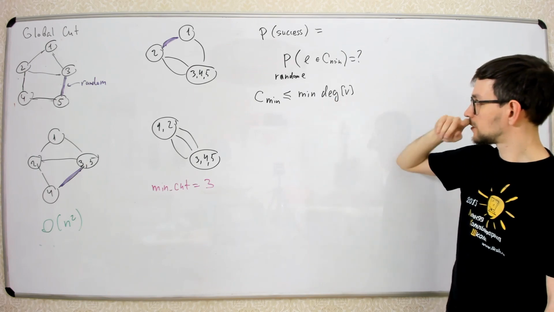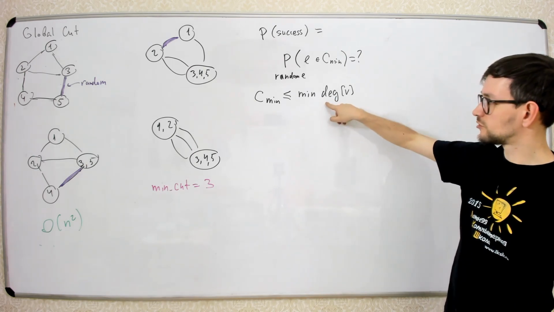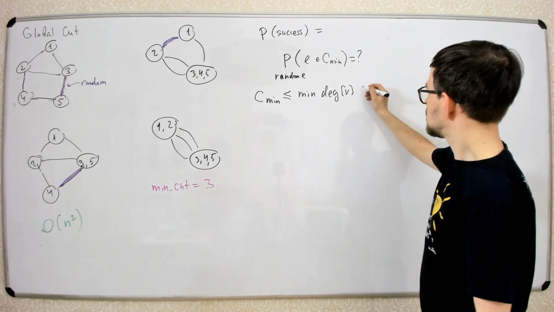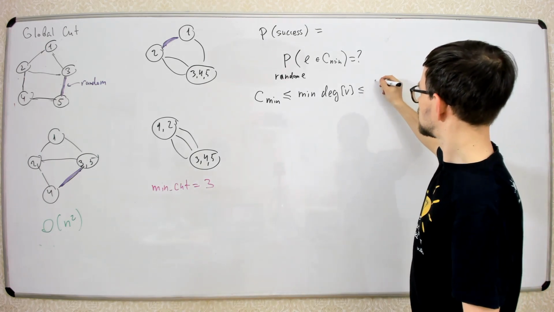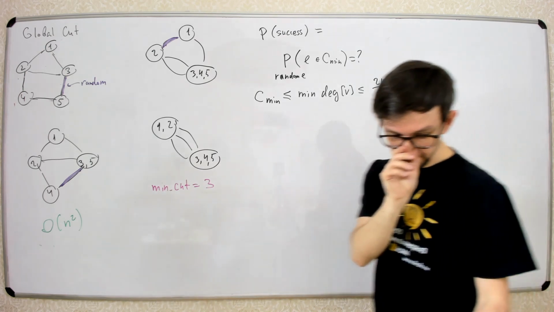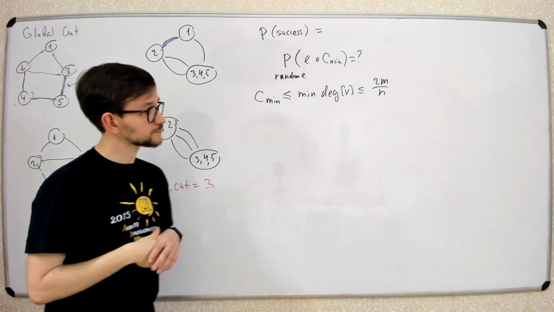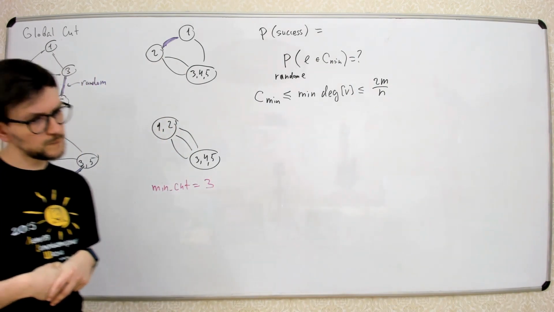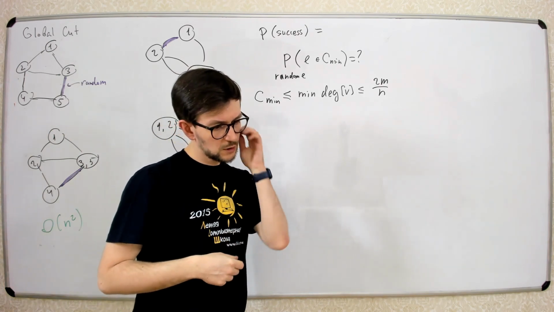And the minimal degree of the node can be bounded very easily. The minimal degree is not greater than the average degree. The average degree of the nodes is 2m over n.